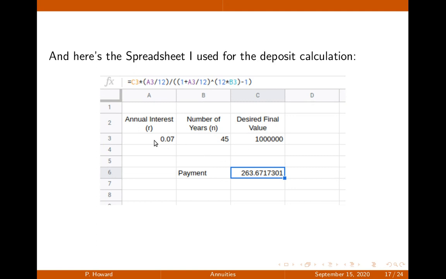And now, as we know, if I want to calculate the payment required for a different set of conditions, I can come back to this spreadsheet and simply change the values appearing here in cells A3 through C3.